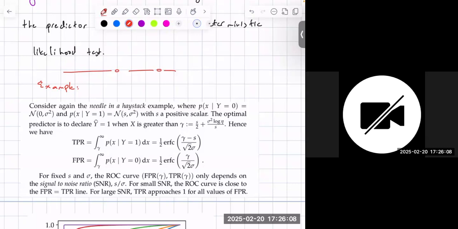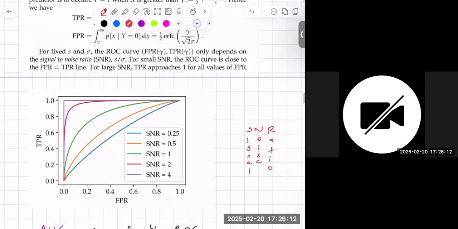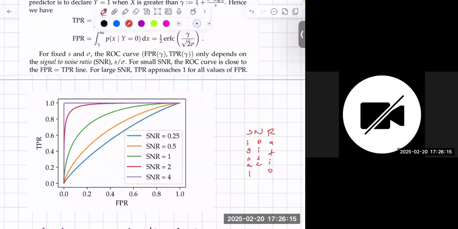And now, as you mess with signal versus noise ratios, and if you plot the ROC curves, this is how they look. Let's try to look at it. So this purple guy is like signal noise ratio is kind of high. So your signal is strong. So you get a much better ROC curve. As your signal noise ratio goes down, you see the ROC curve is going down. And people will look at this.